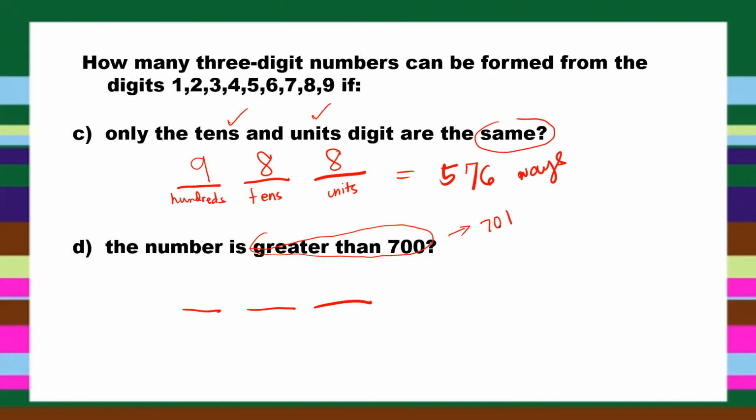So if that is 701, pwede natin gamitin si 7, right? Kung pwede gamitin si 7, so we can use 7, 8, 9 for the first position.